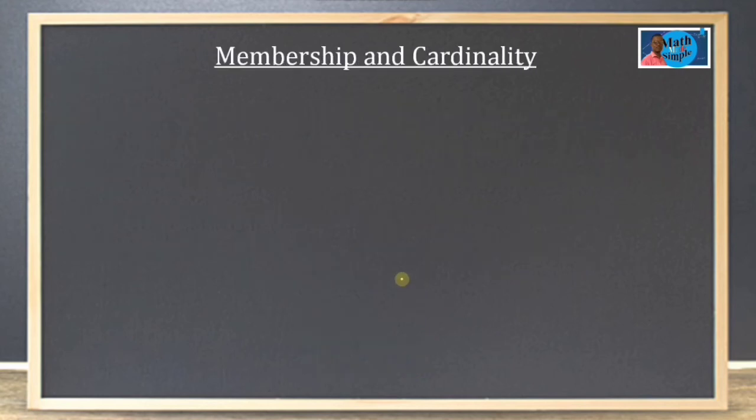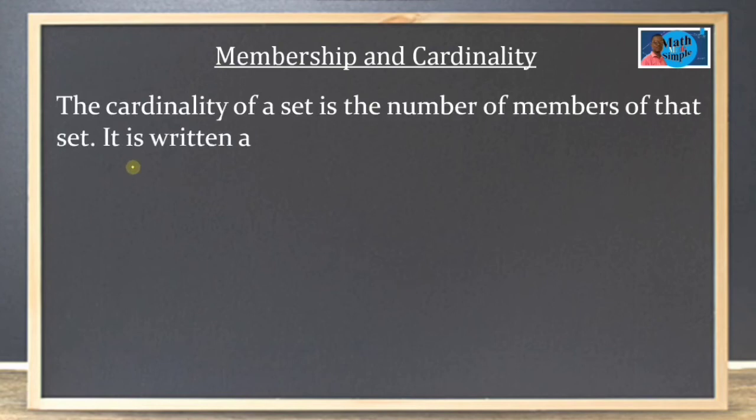So let's see, the next thing is cardinality. The cardinality of a set is the number of members of that set. Some may see the notation and say absolute value, but this is not absolute value, it's cardinality. When it comes to sets, it's cardinality. And the cardinality is the number of members, how many members are in a set.